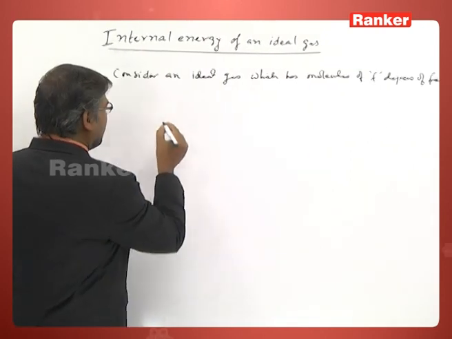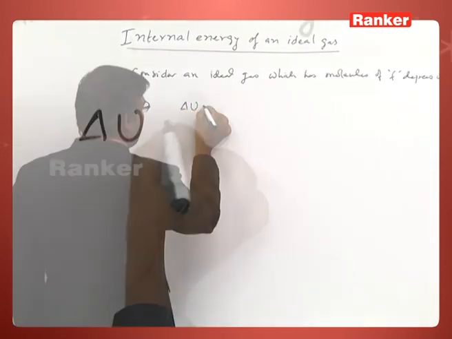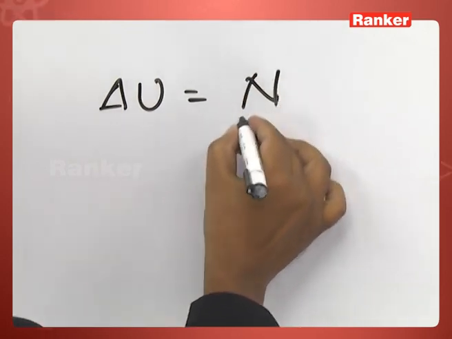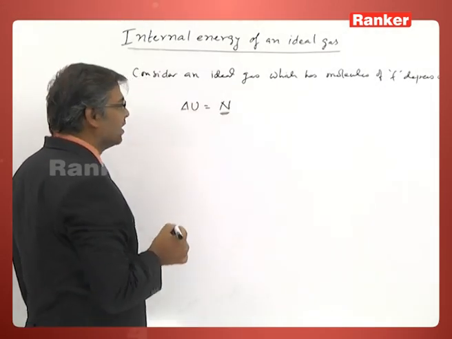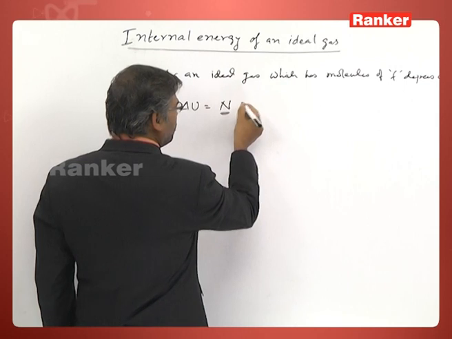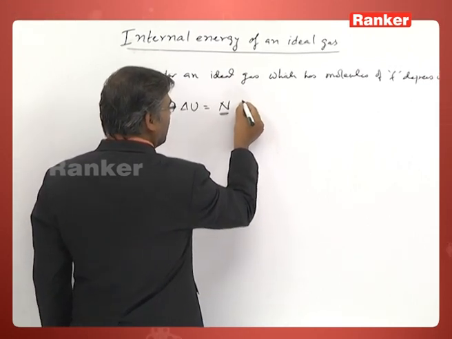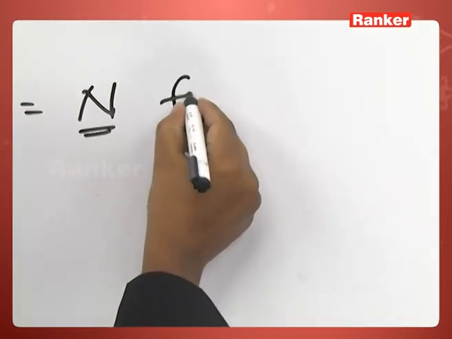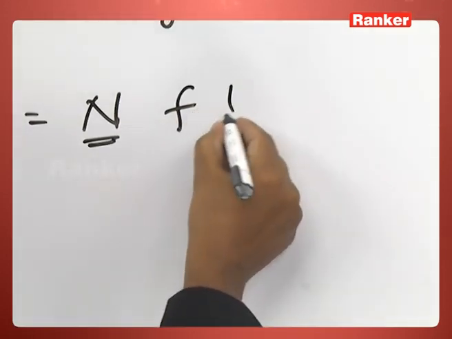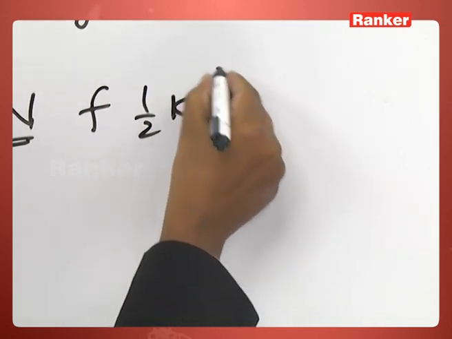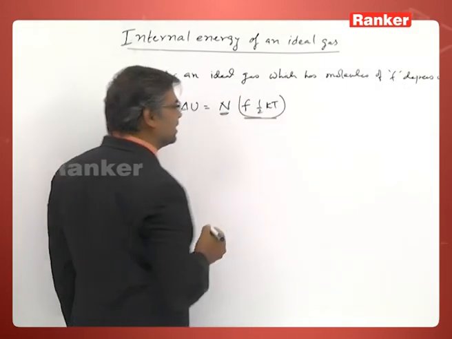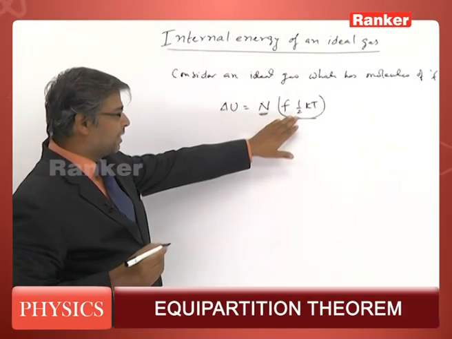So, the internal energy of that gas is the total number of molecules it has into the energy of each molecule. So, the energy of each molecule, F is the degrees of freedom, is F into half kT. This is the energy of each and every molecule on an average.